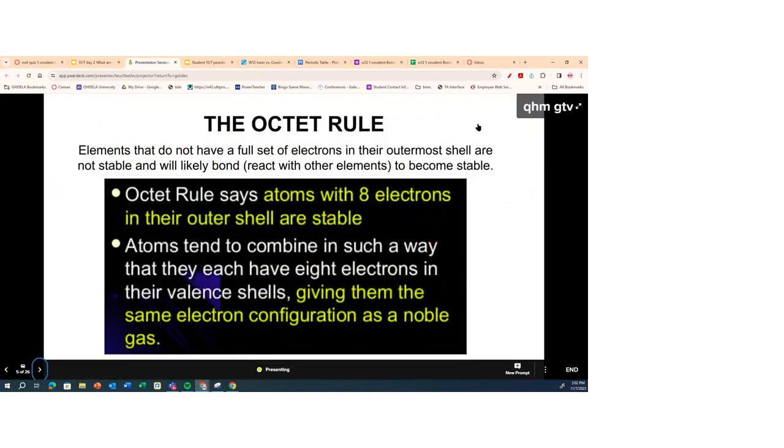The octet rule says that for some reason, when atoms have 8 electrons in the outer shell, they become stable. Stay table, get it? The table stays. They get the same electron configuration as the noble gases, which have all 8, and they don't react with anything.